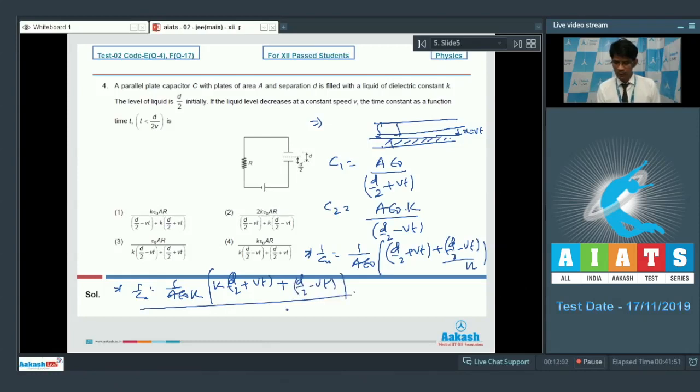From this calculation, perhaps we'll be getting the value of effective C, and now after multiplying R into C effective, we shall have the value of the time constant.